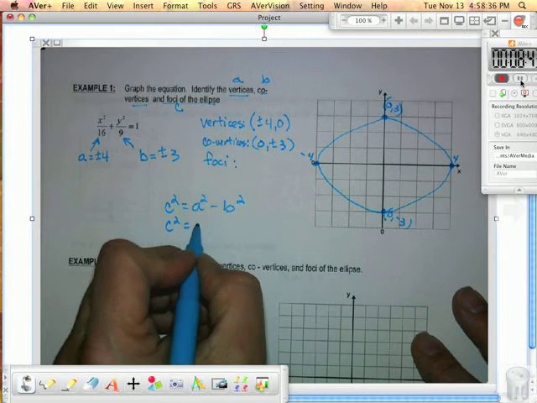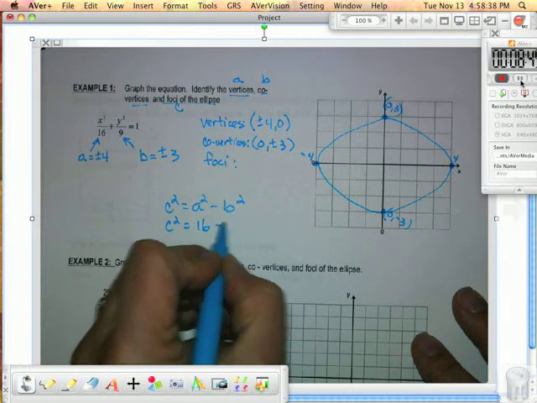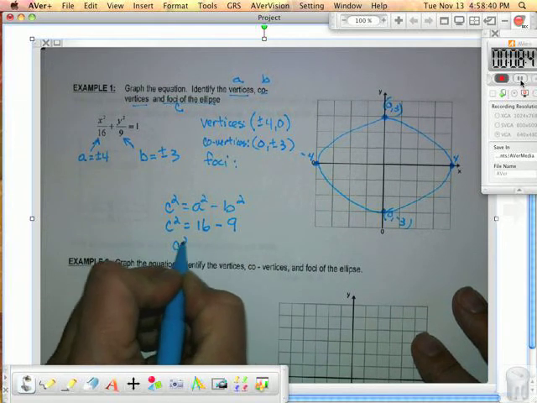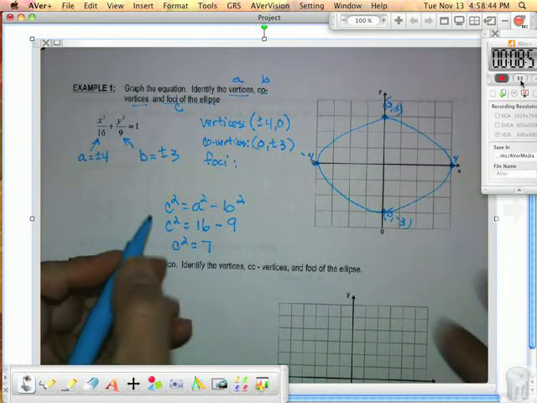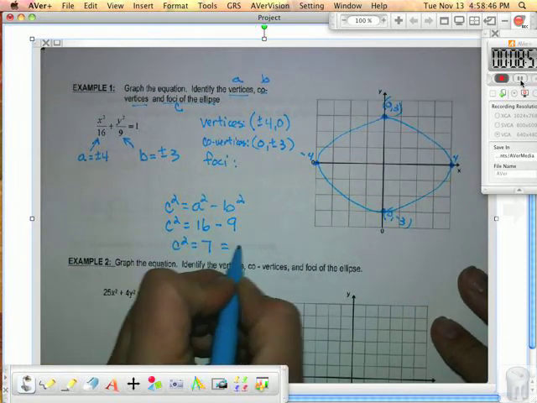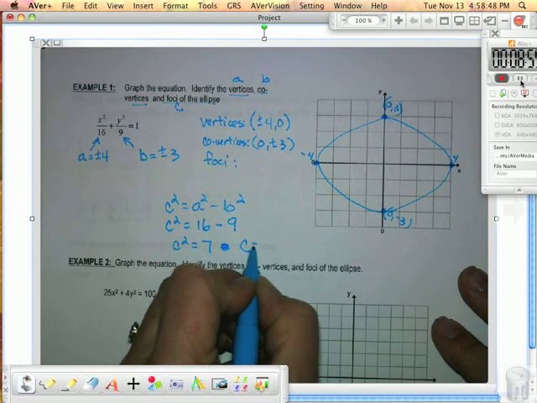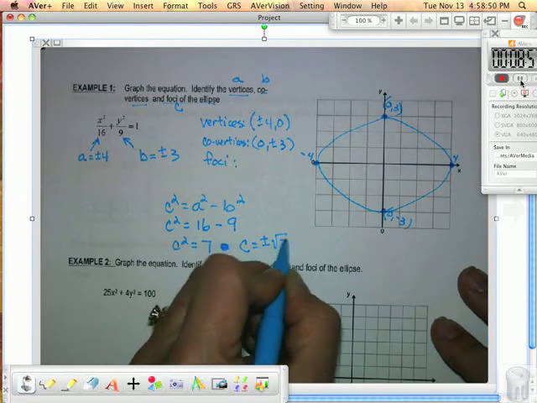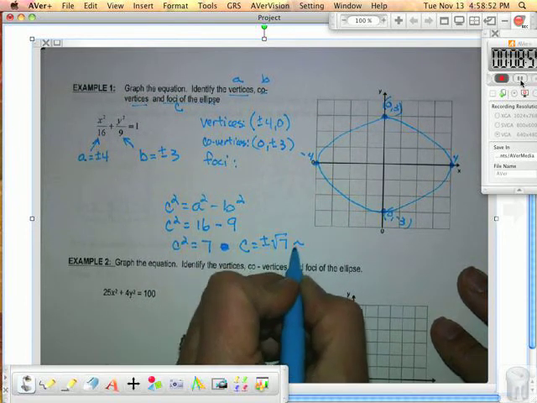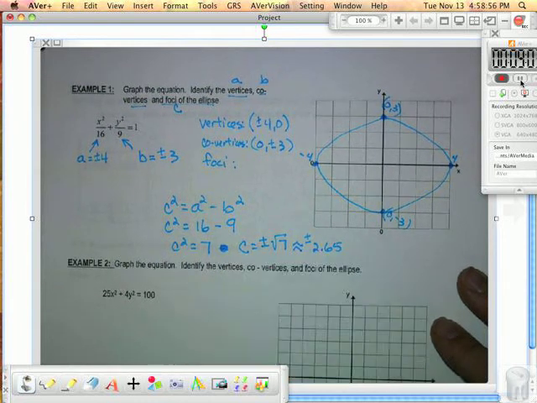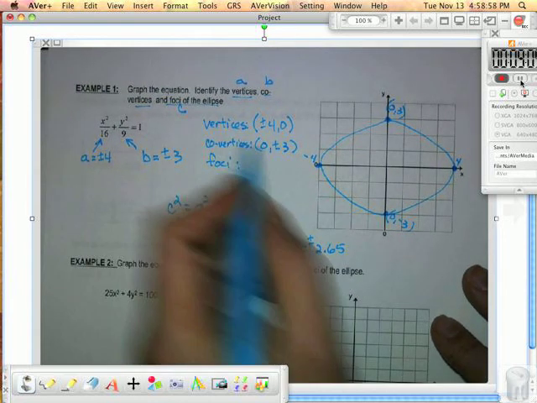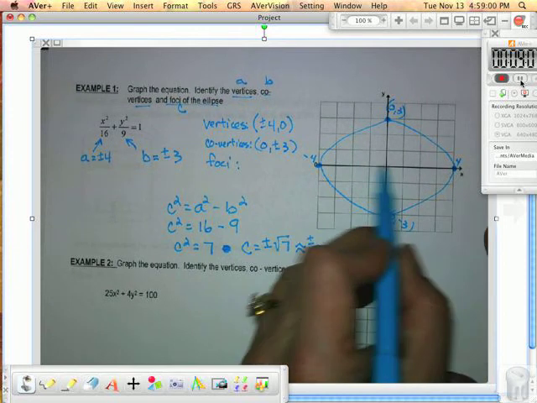So a squared is 16, b squared is 9, c squared is equal to 7, then c is equal to plus or minus the square root of 7, which is approximately 2.65 plus or minus.